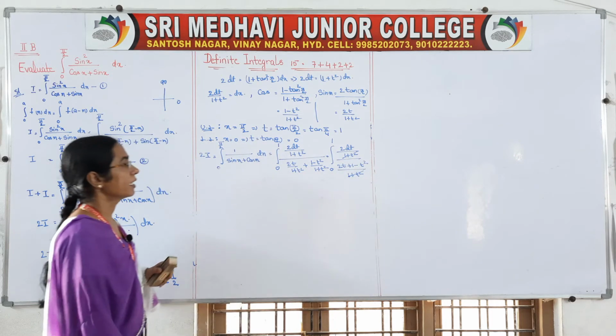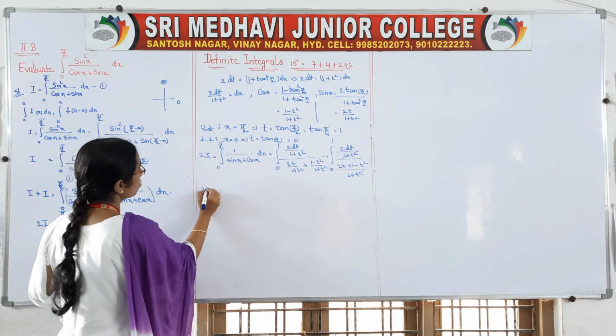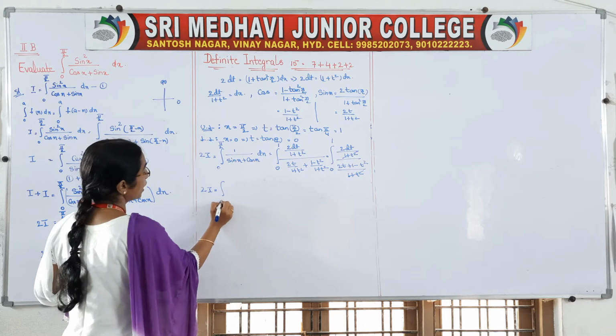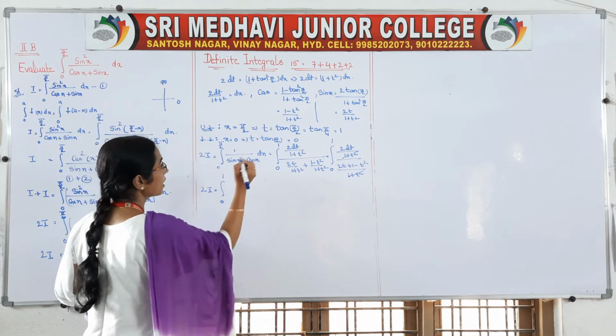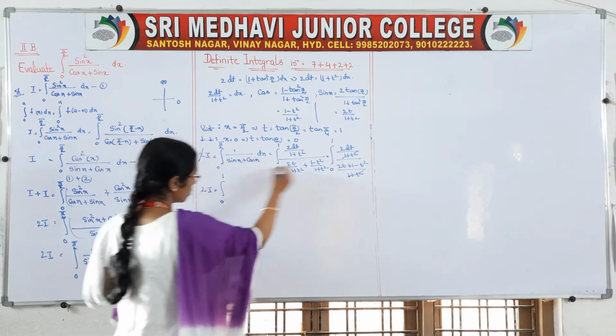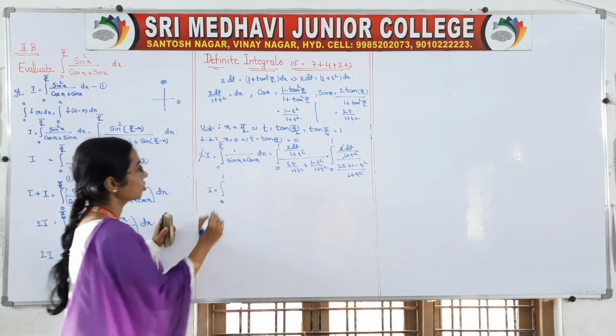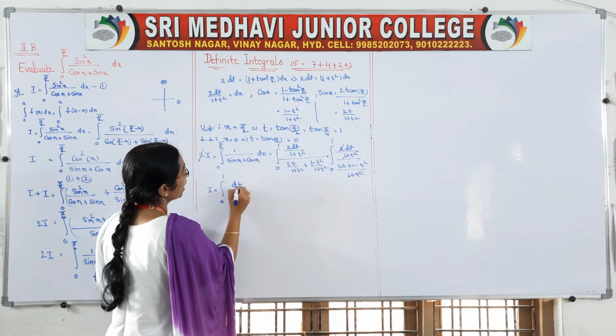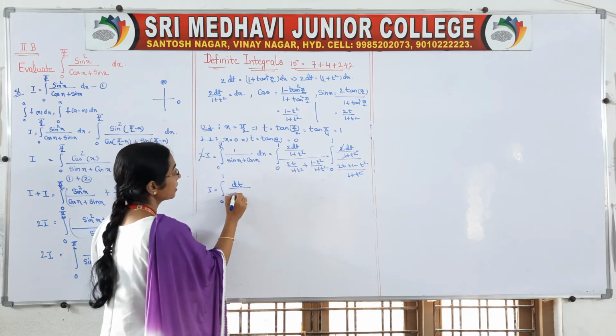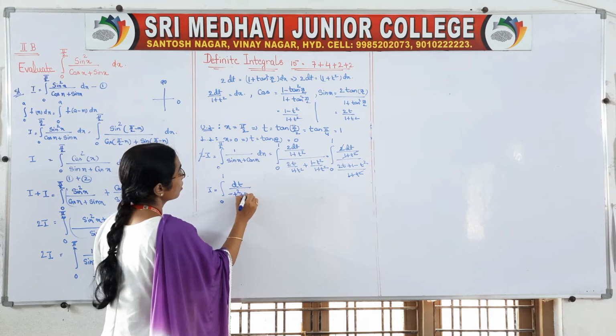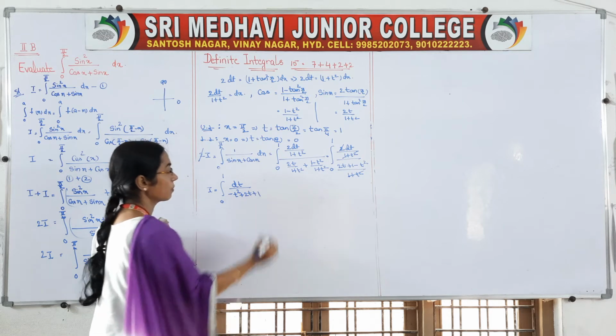Both will get cancelled. So 2I is equal to integral 0 to 1, 2 dt, 2 also we can cancel, right? So I is equal to dt by, we can write, minus t² plus 2t plus 1.